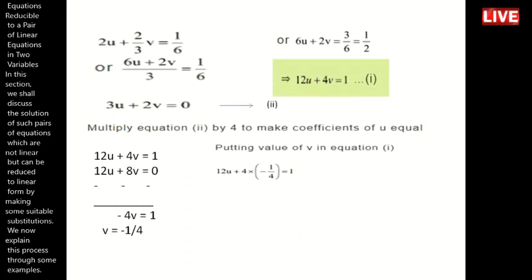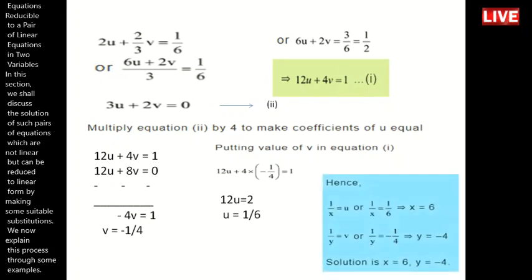Now put the value of v in equation number 1. It gives you 12u plus 4 into minus 1 upon 4 is equal to 1, and it gives you 12u is equal to 2 and u is equal to 1 upon 6. Now we have got v is equal to minus 1 upon 4 and u is equal to 1 upon 6, and simply it gives you the values of x and y: 1 upon x is equal to u, that is 1 upon x is equal to 1 upon 6, that is x is equal to 6, and 1 upon y is equal to v, or 1 upon y is equal to minus 1 upon 4, that is y is equal to minus 4.